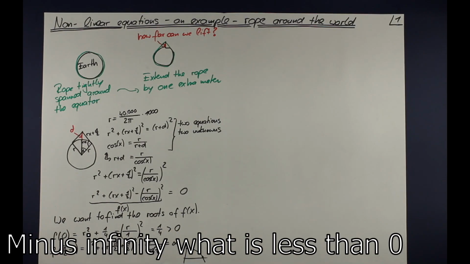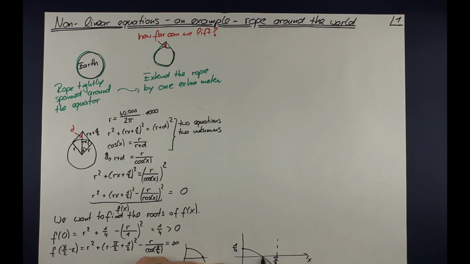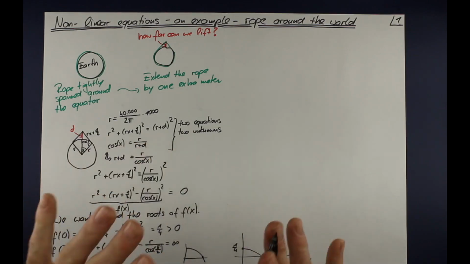So we know that this function starts, if x is 0, with a quarter, and at pi divided by 2 we have a very low number close to minus infinity, and so it's clear there is a root. That's what we analyzed here. We know there is a root, we know there is a solution.